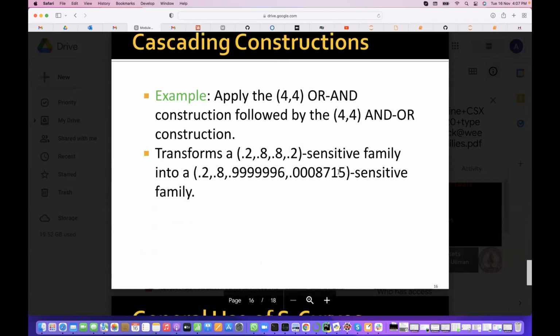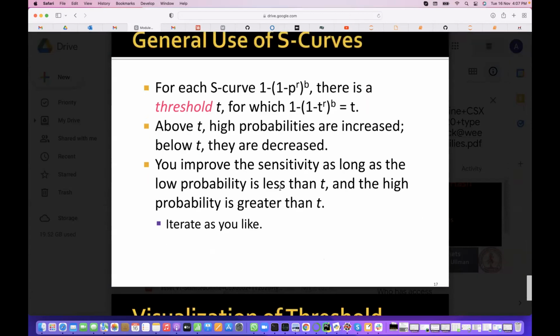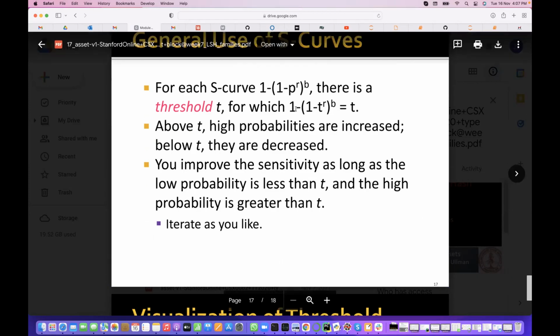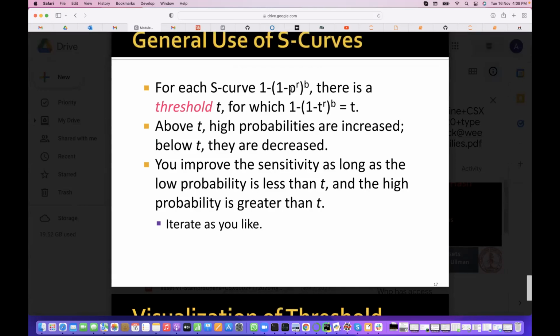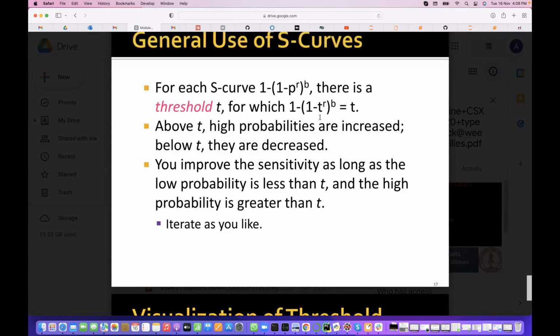Apply the AND and OR constructions. For each S-curve, 1-(1-p^R)^B. This is your band number B, and probability is directly dependent on your distance, how much distance you put. There is a threshold T for which 1-(1-T^R)^B equals T. So above T, high probabilities are increased. Below T, they are decreased.